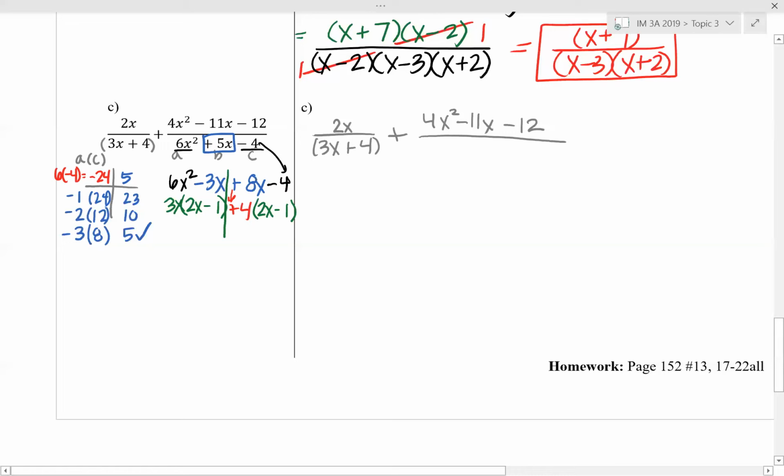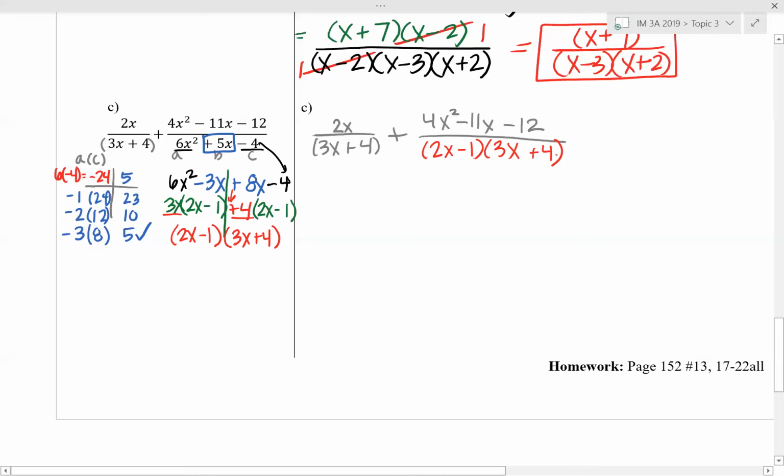So what this tells us is that these two terms now have a common factor of 2x minus 1, which leaves, if I factor that out, 3x plus 4 as the second factor. So that means that 6x squared plus 5x minus 4 factors to 2x minus 1 times 3x plus 4.